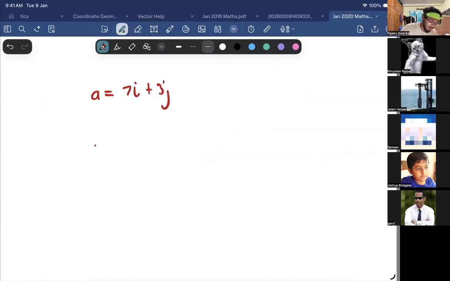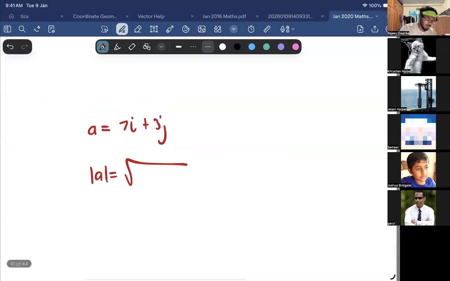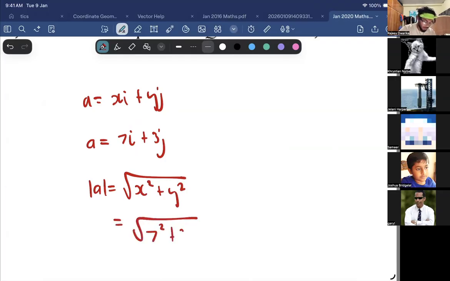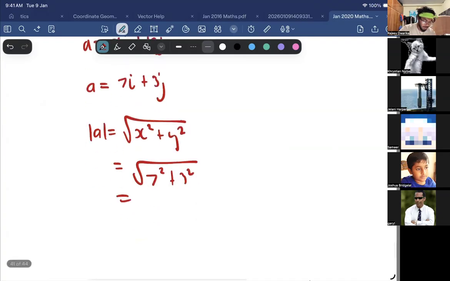To find the magnitude, first you have to understand that this is in the form xi plus yj. So the magnitude is x squared plus y squared, then the square root of that, which comes from Pythagoras theorem. So that's 7 squared plus 3 squared. 7 squared is 49, plus 9, that's square root of 58.